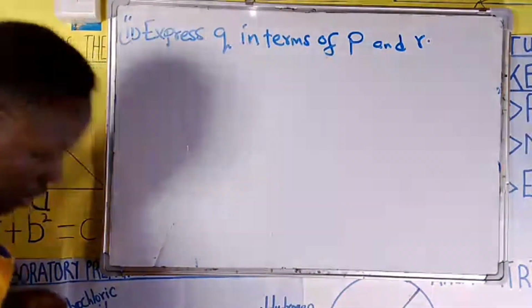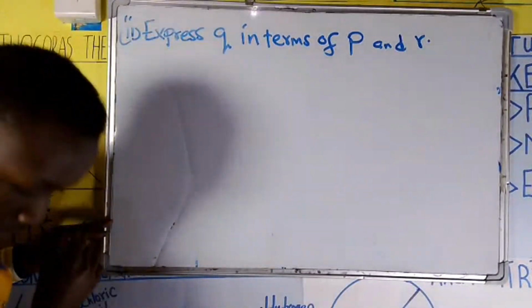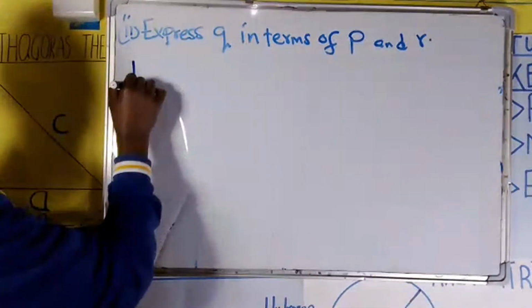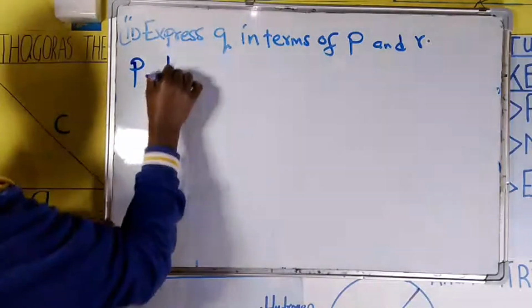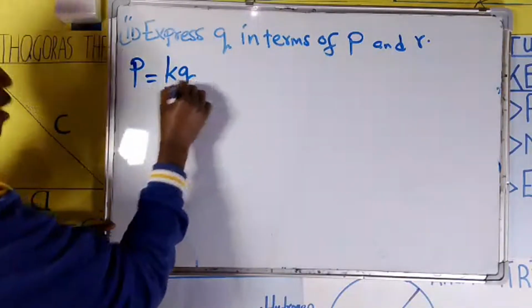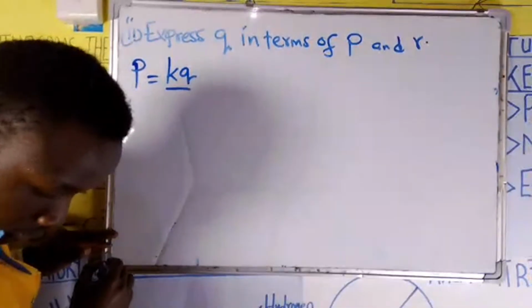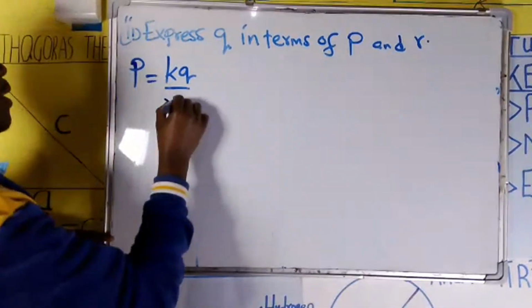So our formula was P is equal to KQ over R squared.